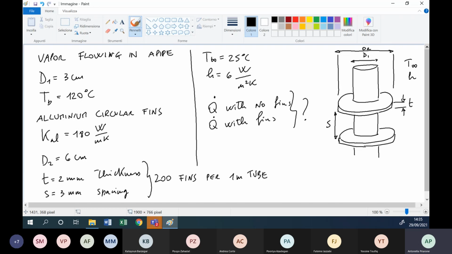S is the spacing, and the base is at Tb. Okay? Obviously, the shape is not in scale, this sketch. I have more fins because I have 200 fins for each meter of pipe. If you finish to copy, I can change my page.